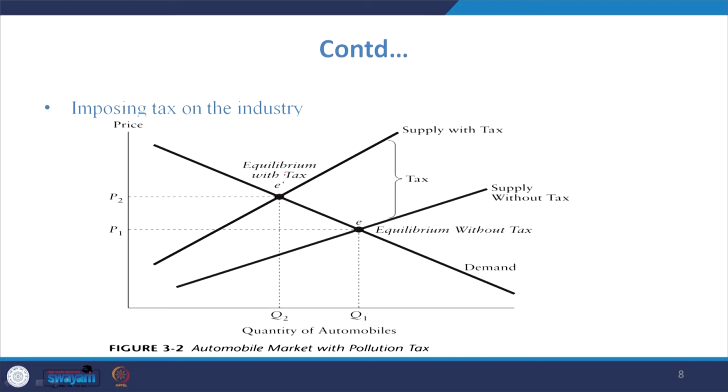So, imposition of tax on industry also shifts the supply curve, intersecting the existing demand curve at point E1, which is showing lower level of output and higher level of price, indicating that now when pollution tax is imposed, then company output will be reduced, and since companies are generating pollution as an externality, if output is reduced, pollution will also reduce, and welfare of the consumer will increase.